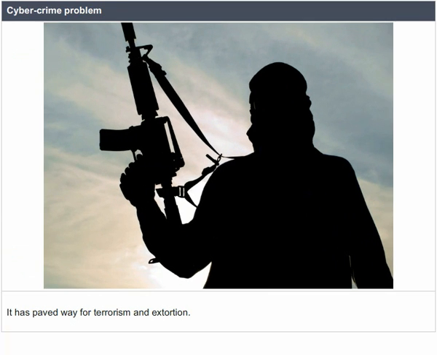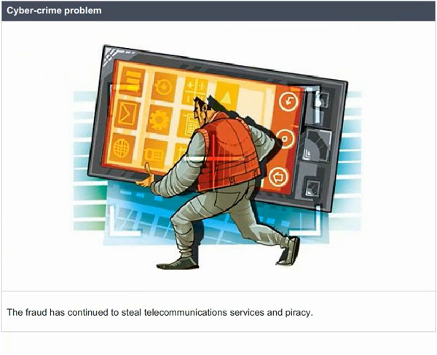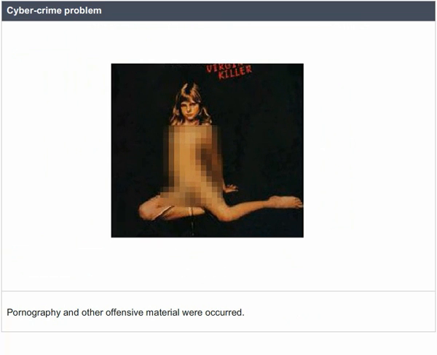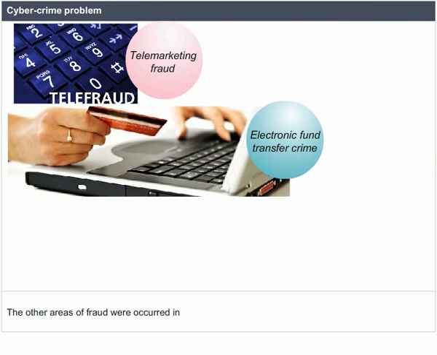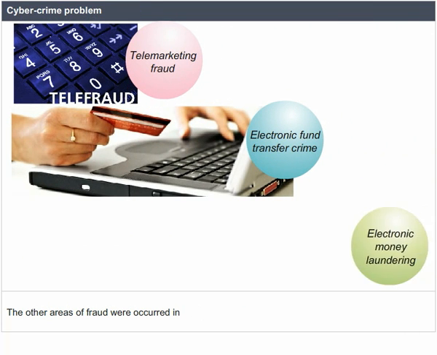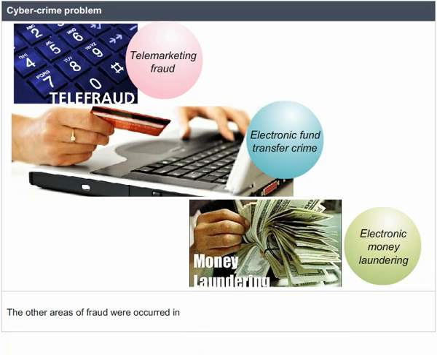It has paved the way for terrorism and extortion. Fraud has continued to steal telecommunication services, and piracy. Pornography and other offensive material have occurred. Other areas of fraud include telemarketing fraud, electronic fund transfer crime, and electronic money laundering.